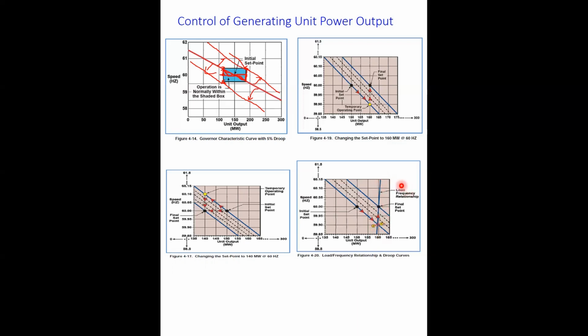So that refers to the load frequency relationship and the droop characteristic that we have here. So it means that this relationship and the droop curve form a non-linear relationship between themselves.